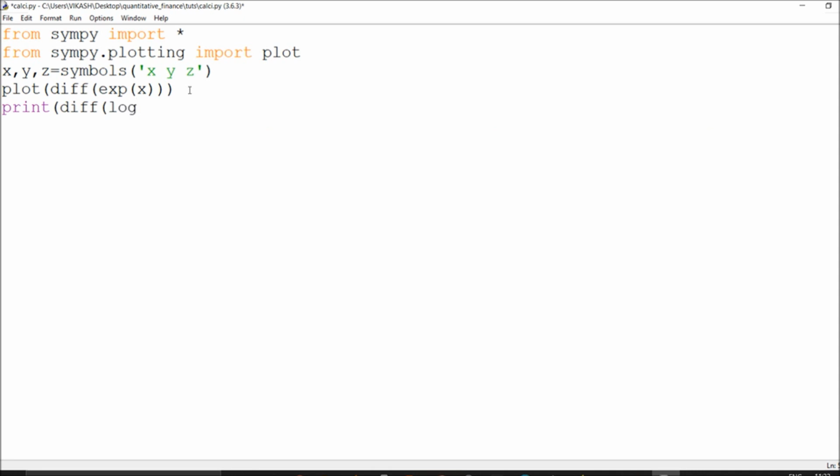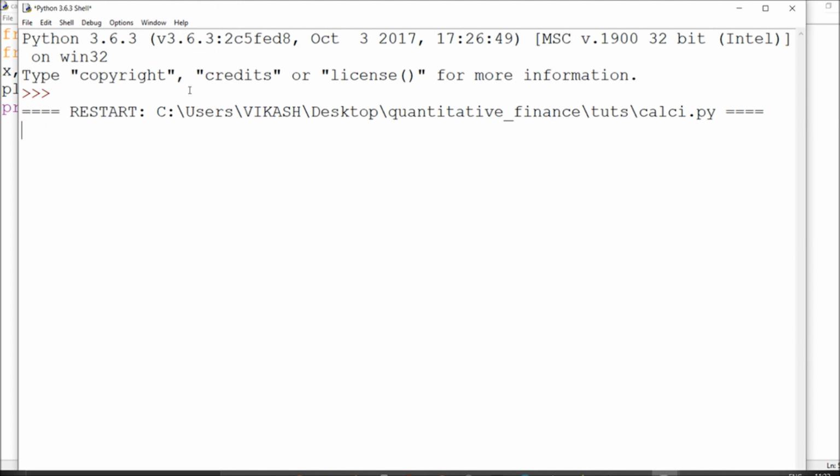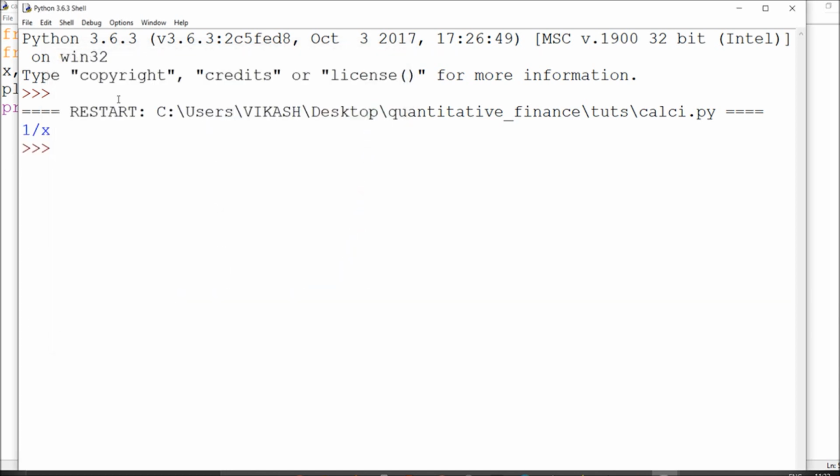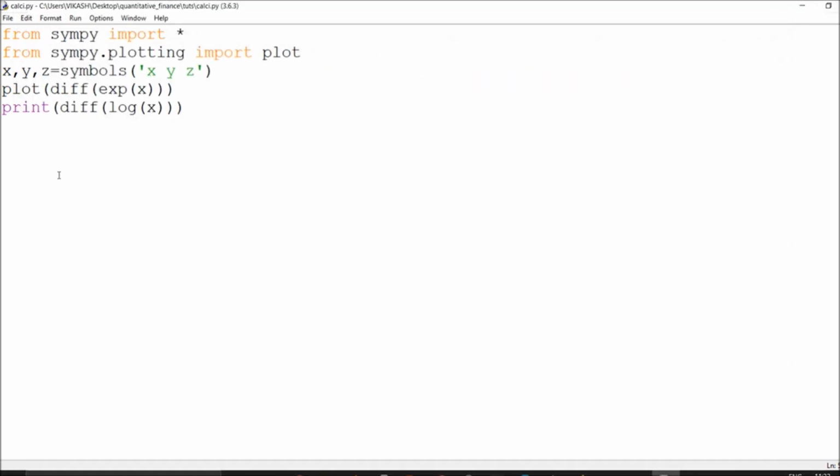So we will say log of x. We'll first print and see what the differentiation of log x is. It should be 1 by x. Okay, so our differentiation is working.